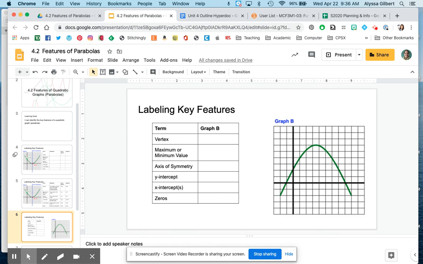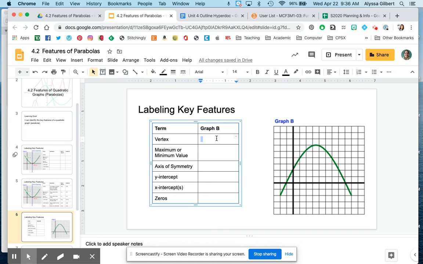Okay, so let's take a look. The vertex, remember, is either the bottom or the very top. So this one, it's going this way, so you're looking at the top now. So 1, 2, 3 and a bit. So 3.5 is the x value. Remember, you have to do x first and then your y.